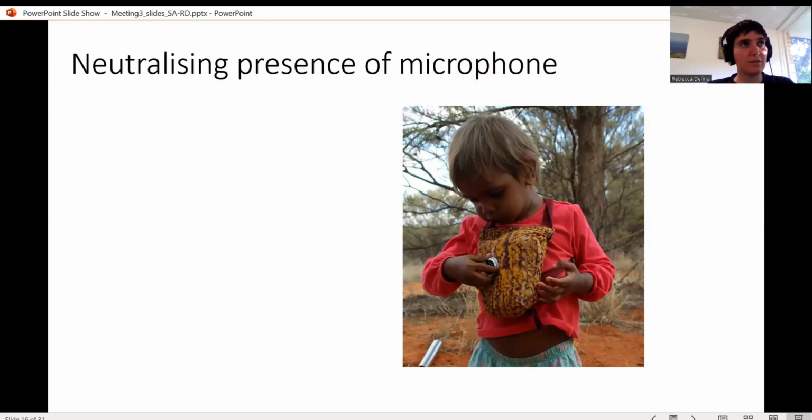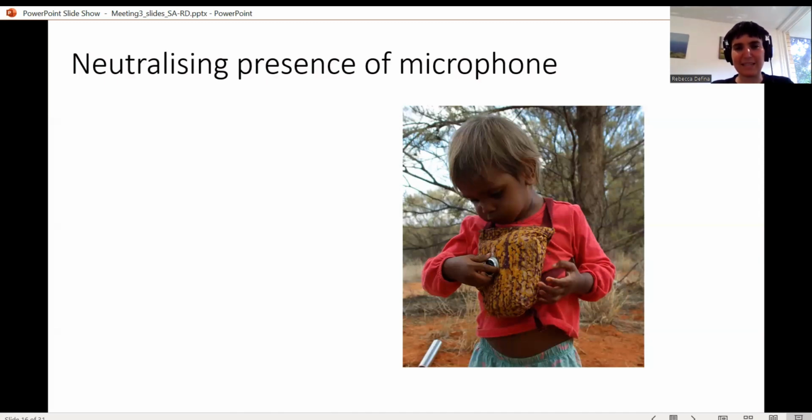But first, one of the other goals here is neutralizing the presence or the bothersomeness of the microphone. So this is exactly what you don't want, something sticking out right in front of the child so that they're grabbing it and paying a lot of attention to this microphone. This is a little still camera that I used, which I'll show more of later.